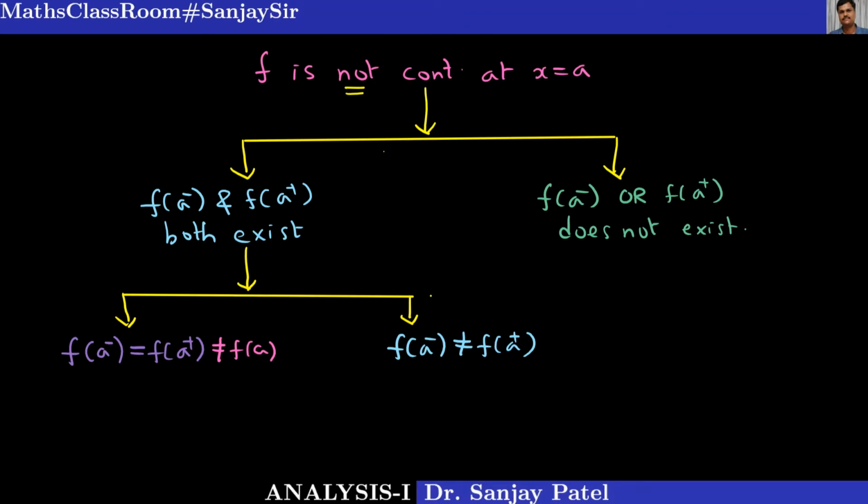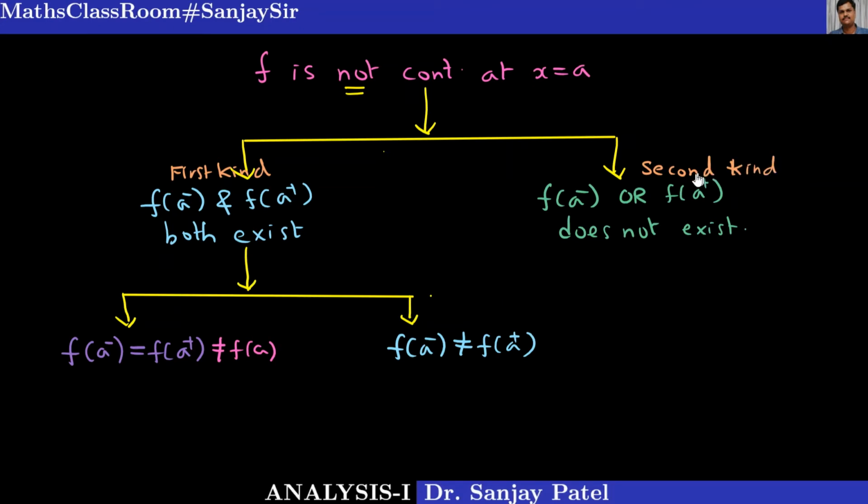We call the first possibility the discontinuity of the first kind. If this happens, then the function is said to have discontinuity of the first kind. And if this other thing happens, that is said to be discontinuity of the second kind or second type.